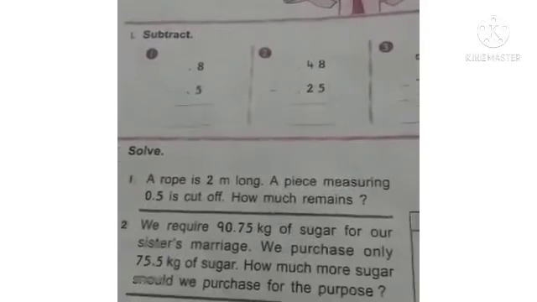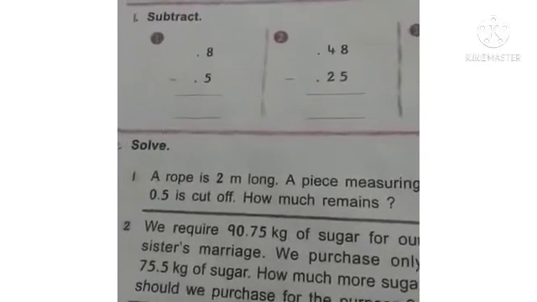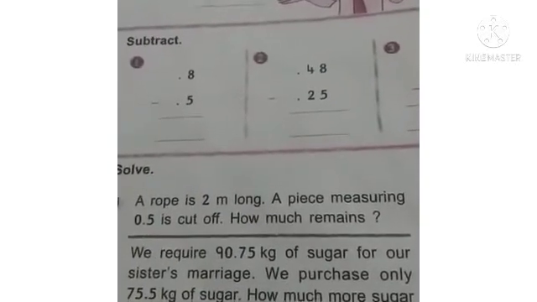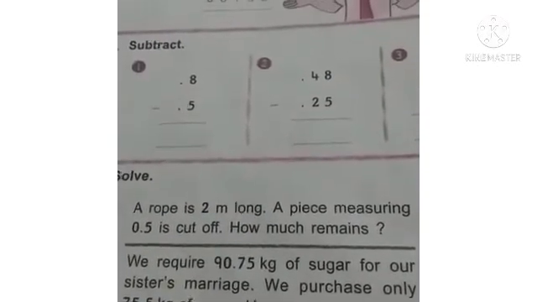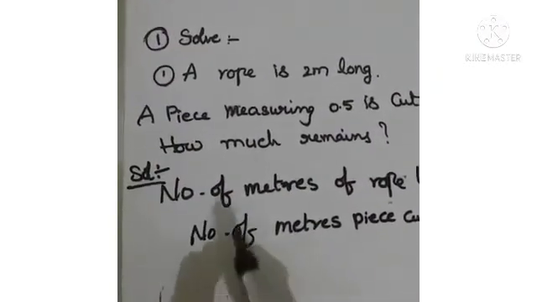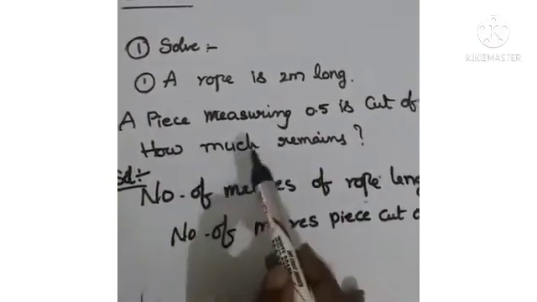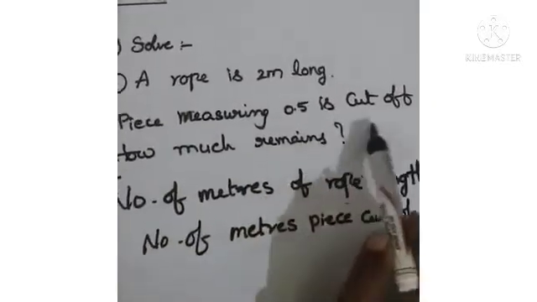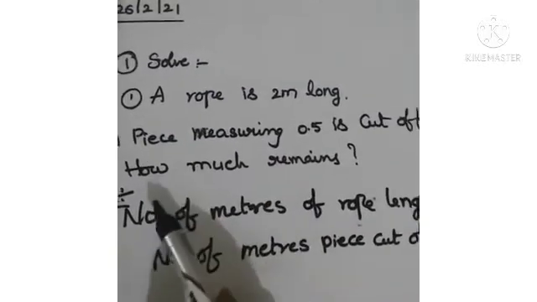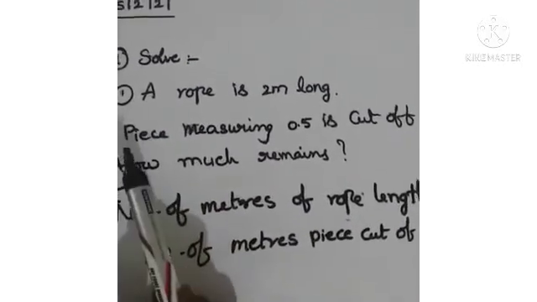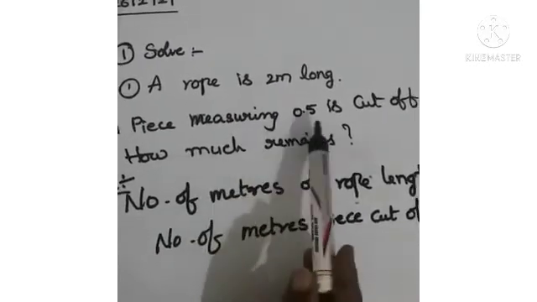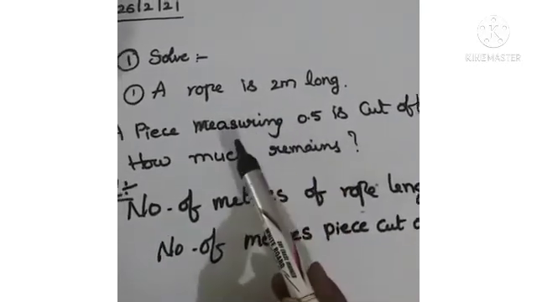Next, solve the problems. First one: a rope is 2 meters long. A piece measuring 0.5 is cut off. How much remains? The total length of the rope is 2 meters. 0.5 meters is cut off.